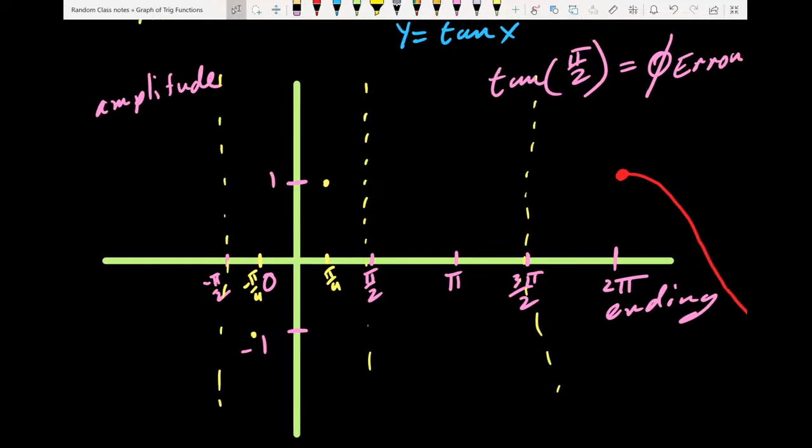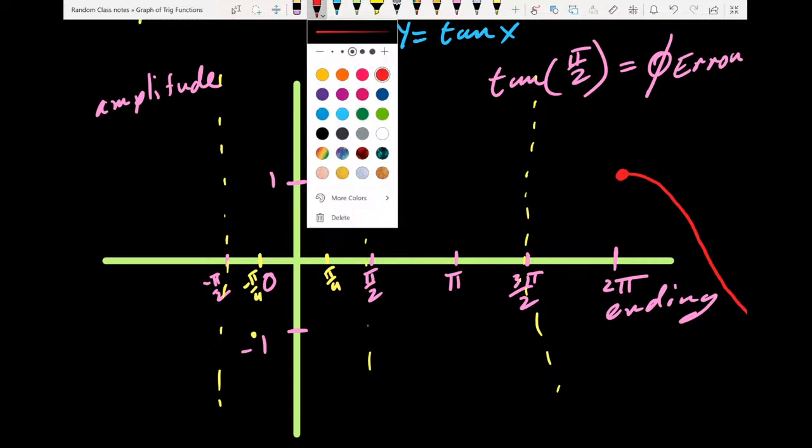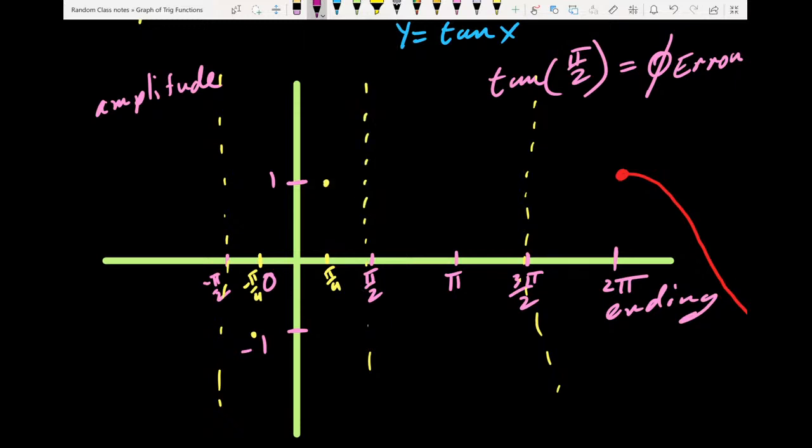So for the sine and cosine, it oscillates. But for tangent, what color? What else do I have left? I'll use that. Oh, terrible. It behaves like that. It kind of looks like cubic function.